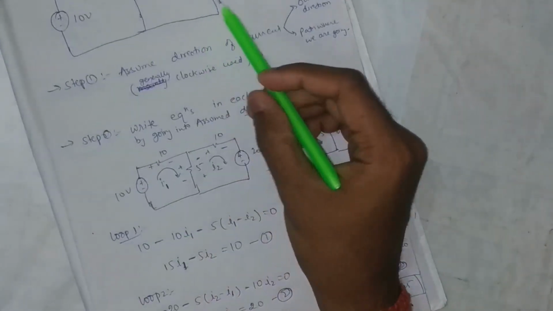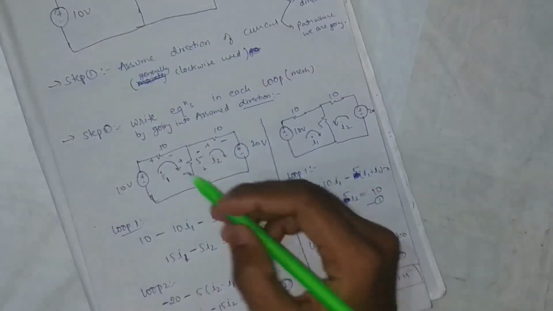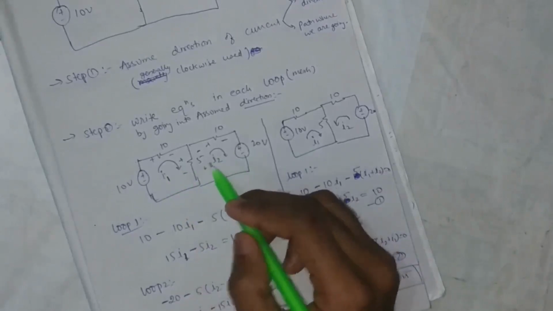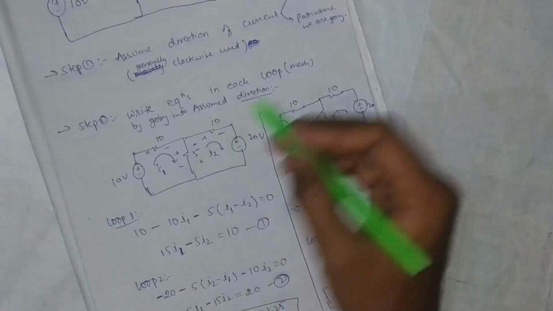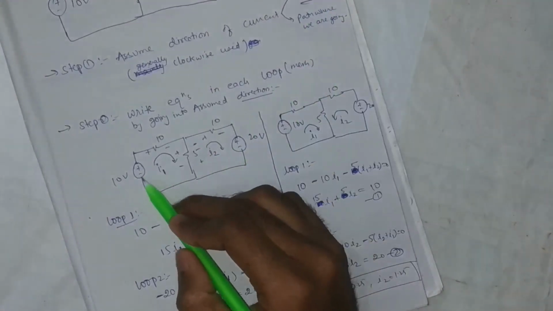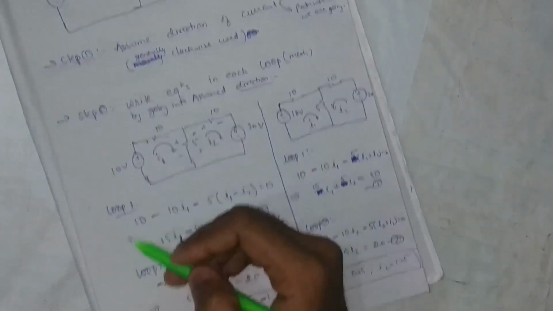Here I am going to solve this question by the first step. I assume the direction, and now I go along the same path in which the current flows and write the equation.